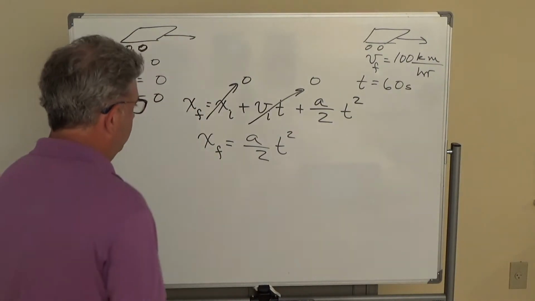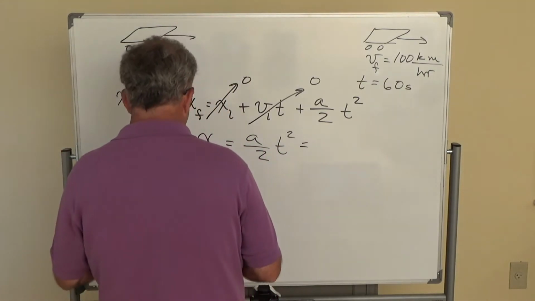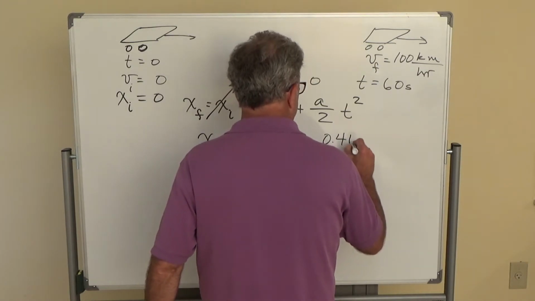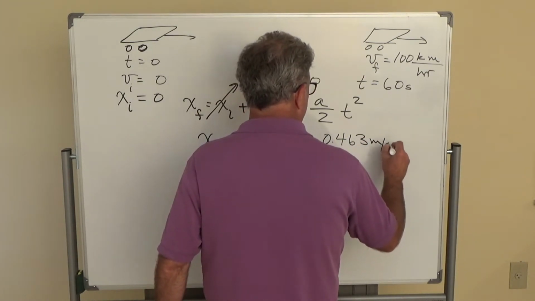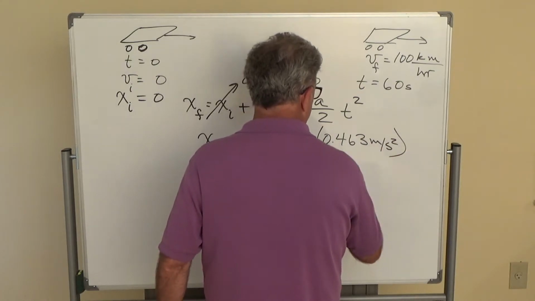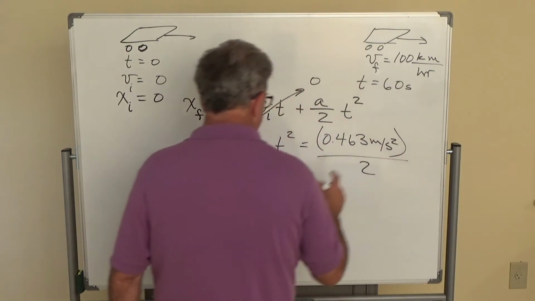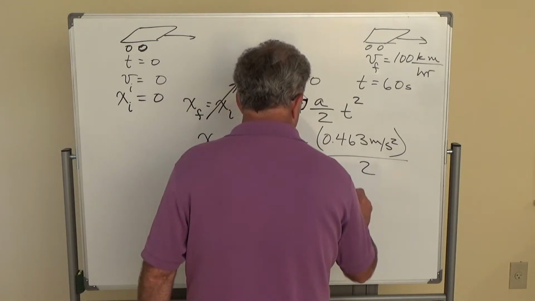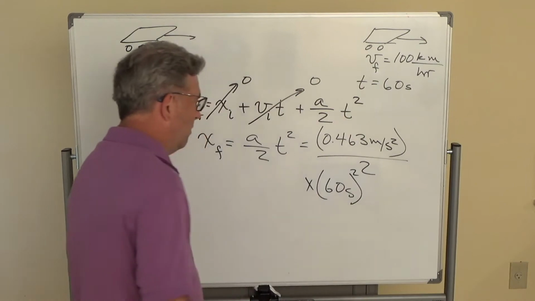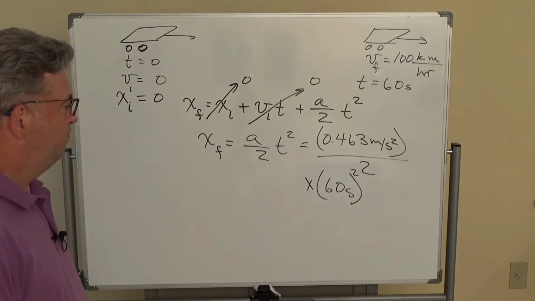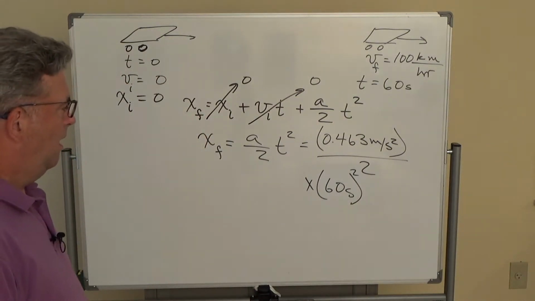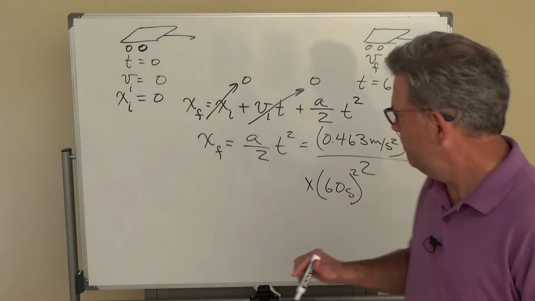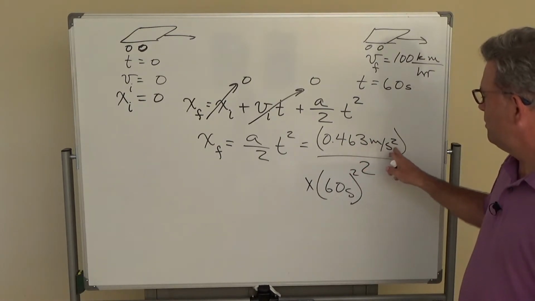All right, plug that in. We had the acceleration was 0.463 meters per second squared. Divide that by 2, and I don't have enough room, but I'll multiply it by 60 seconds squared. Units work out right in this. The acceleration is in meters per second squared.